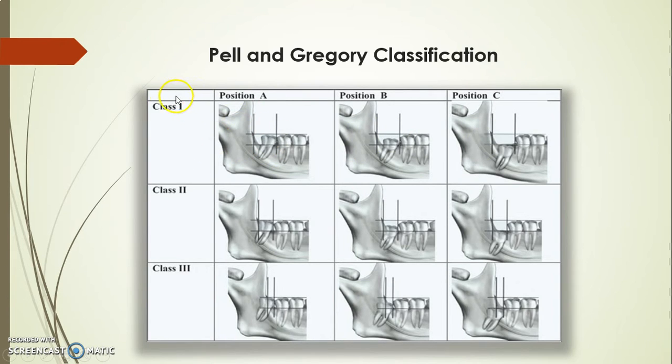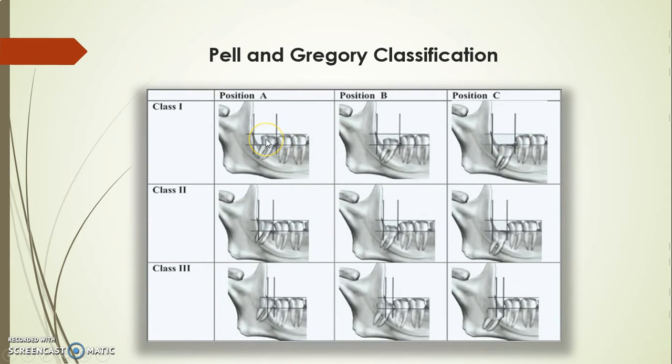So class 1 in the Pell and Gregory classification can take position A, B, or C. What do we mean? We have enough space for the crown of the third molar to erupt in between the distal point of the second molar and the anterior border of the ramus.